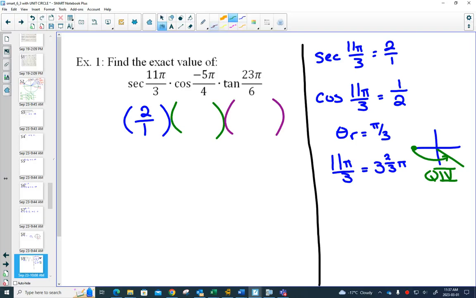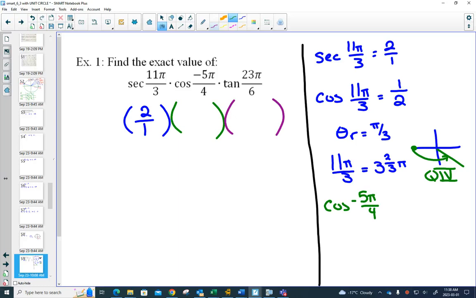Next, I'll switch to green. I now want to find cos of negative 5 pi over 4. I know that my reference angle is pi over 4. 5 pi over 4 is on my pi plate. In the positive direction, you see that that's in quadrant 3.